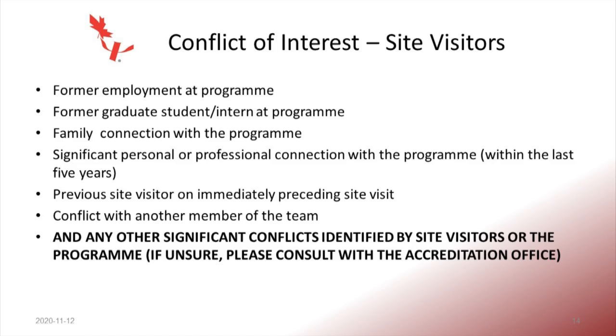It's at this point that I want to note that the accreditation office, accreditation at CPA.ca or accreditation office at CPA.ca, are both resources that you can use if you're unsure about whether or not you are in conflict with a particular program.